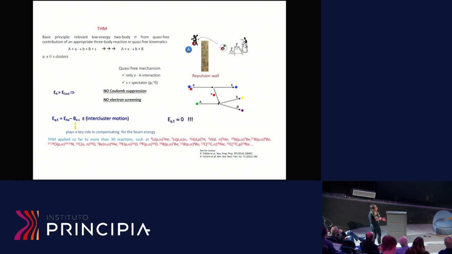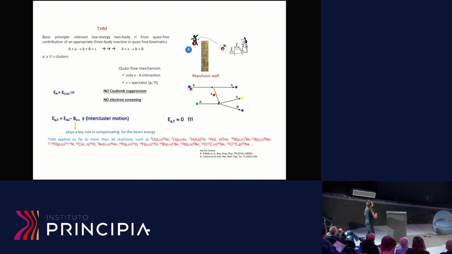So you have to destroy the binding of small a, and you have to pay a fee which is exactly the binding energy of these two particles. So you have to inject a lot of energy. And this is the trick, because this makes you really run the experiment at quite high energy, so you don't feel any Coulomb suppression. And you need this binding energy in order to compensate for the beam energy.